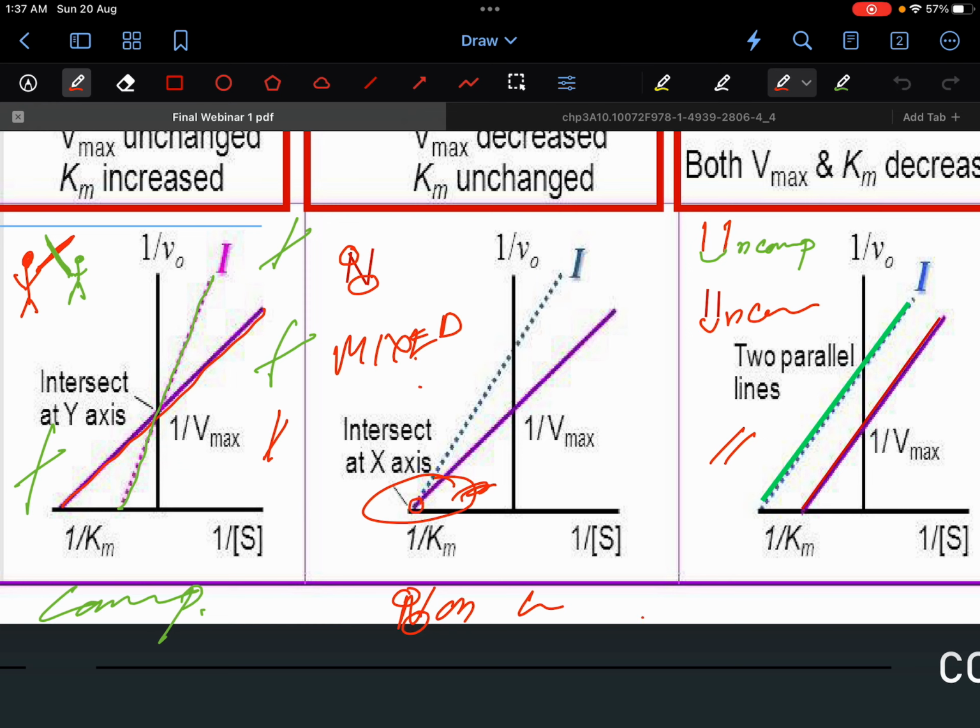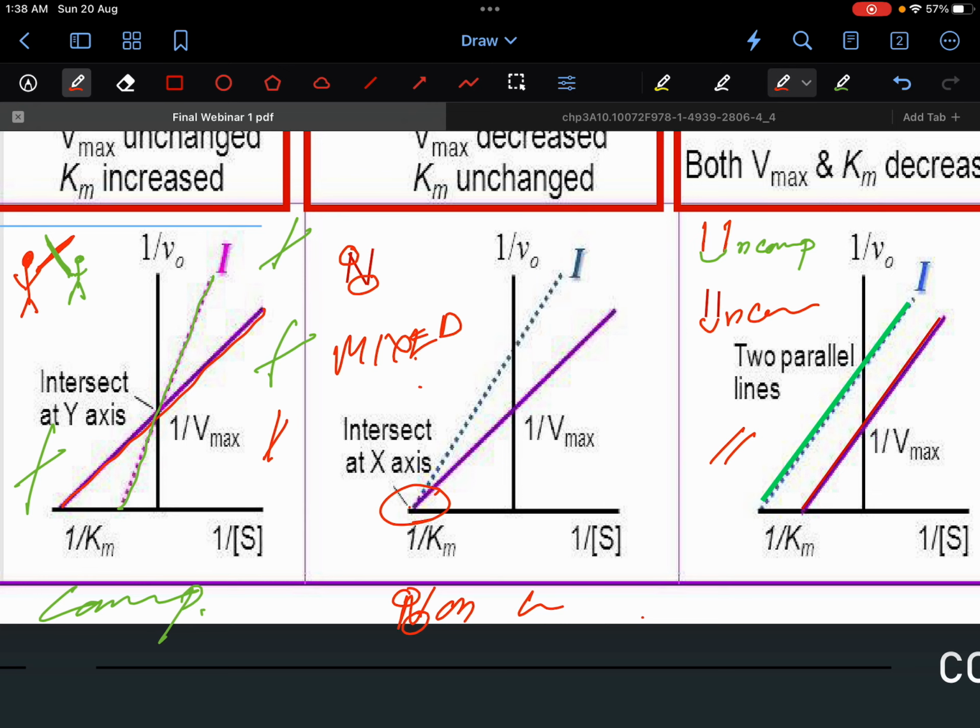The graphs will be like this only, and this or this will be the point of merger for mixed. But for simplicity I am just dealing with non-competitive, and for non-competitive it will be like this, and remember this angle from N. So this is the graph of non-competitive.